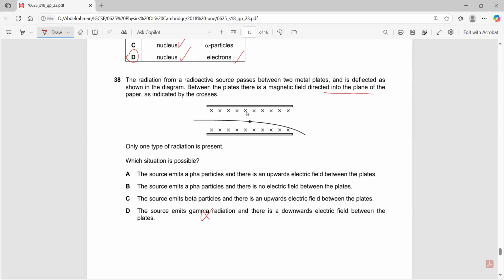Now my thumb is pointing upwards, even though the force on this particle is downwards. If you try Fleming's right-hand rule, you'd have the magnetic field first finger into the page, the second finger pointing to the right, and the force pointing downwards, indicating that this is definitely a beta particle, not an alpha particle.